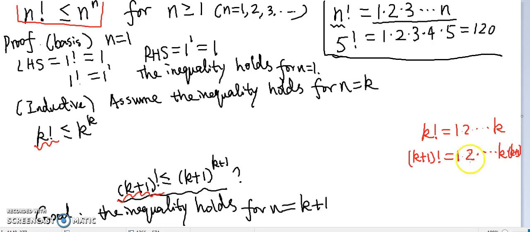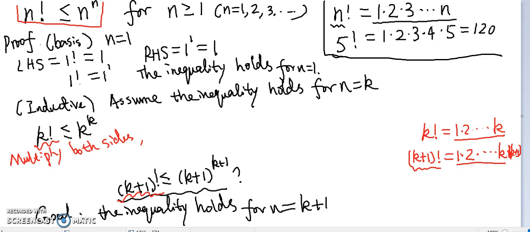So as we can see, the first k integers are exactly the same. The only difference is that k plus 1 factorial multiplies one more integer, which is k plus 1. So we can multiply k plus 1 on both sides.